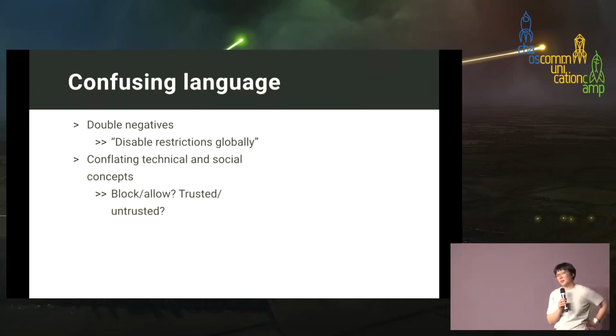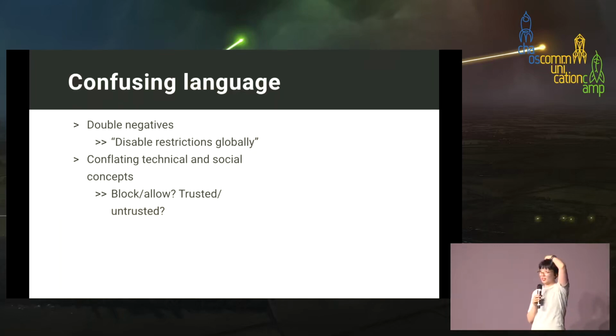But then there's also technical and social concepts that kind of get conflated. I was talking up until now about blocking and allowing, but NoScript's interface actually uses trusted and untrusted. And again, this is the same issue, right? There's the blocking and allowing on the technical level, and the social thing is the trusting and not trusting something.